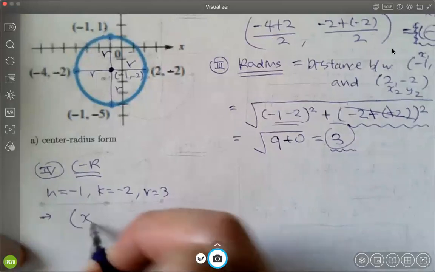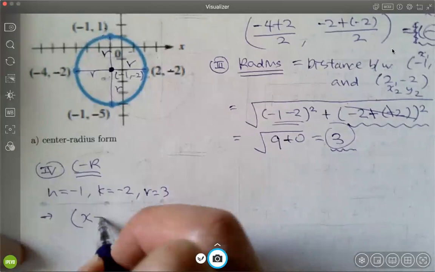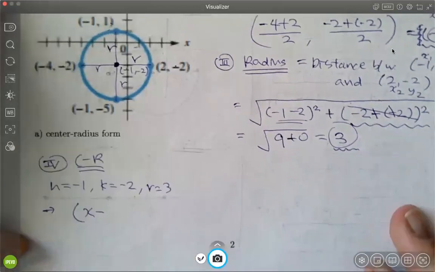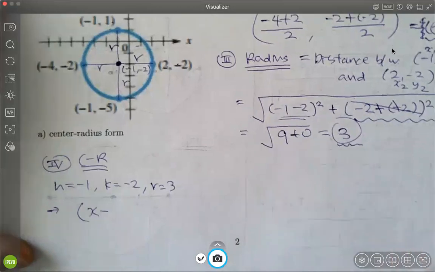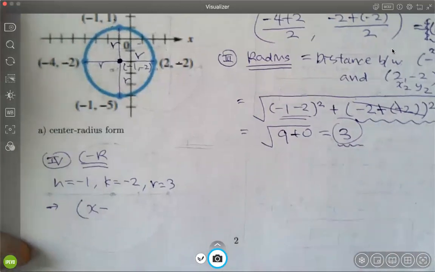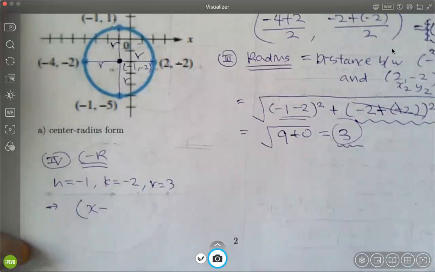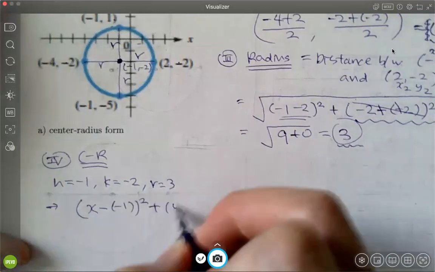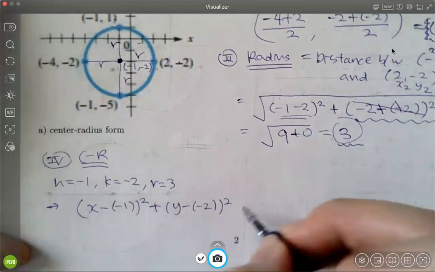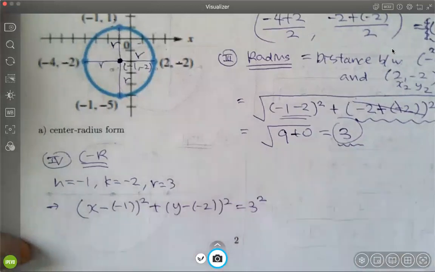x minus, now is it x minus 1 or plus 1? Plus, right, because it's x minus negative 1 squared. And then similarly, y minus negative 2 squared, and then is equal to 3 squared.